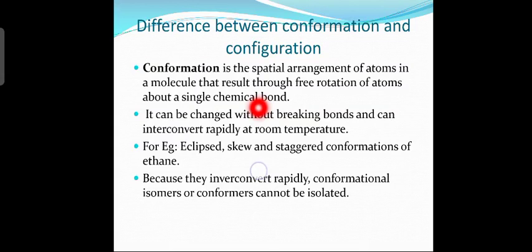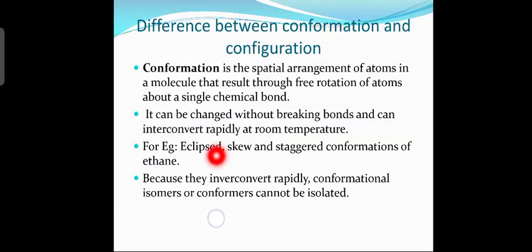That is called conformation. It can be changed without breaking bonds and can interconvert rapidly at room temperature. You can freely rotate the atoms without breaking bonds at room temperature.